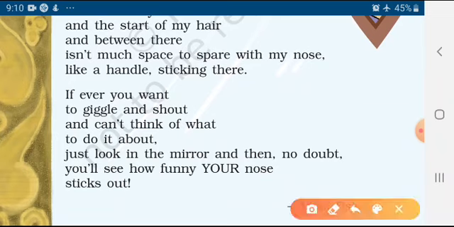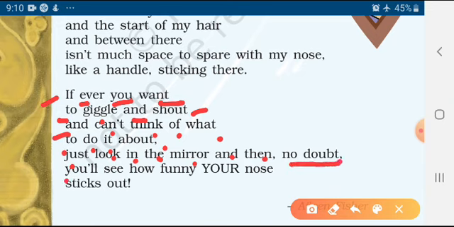So the last stanza is: if ever you want to giggle and shout and can't think of what to do about, just look in the mirror and then no doubt you will see how funny your nose sticks out.